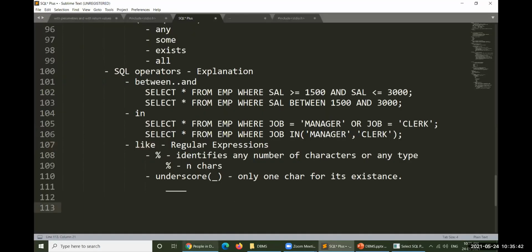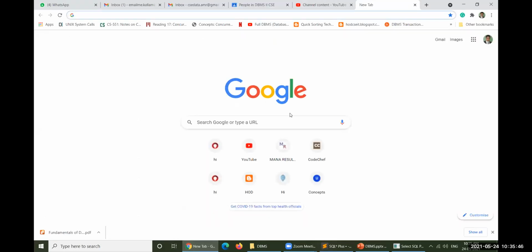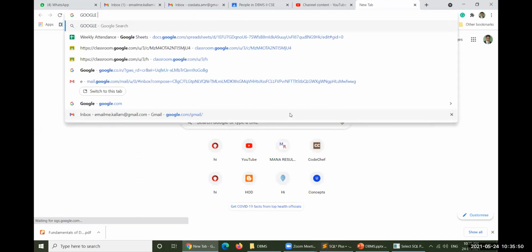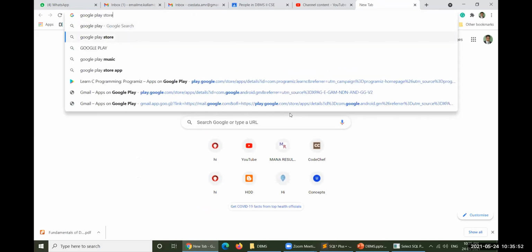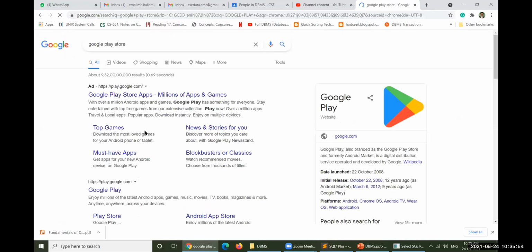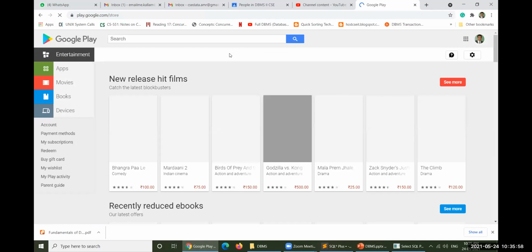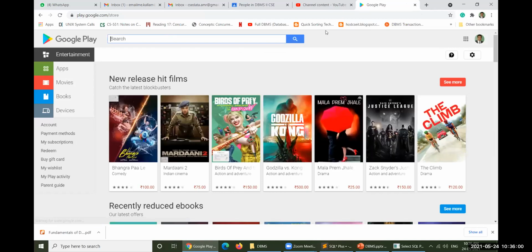Okay, let me show you in the Google Play Store, because you people may have some kind of confusion. So SQL Compiler. Please download this one.